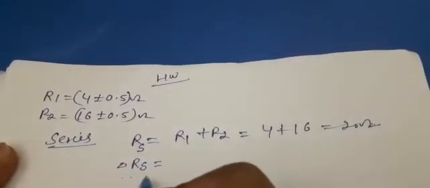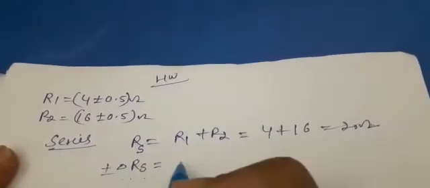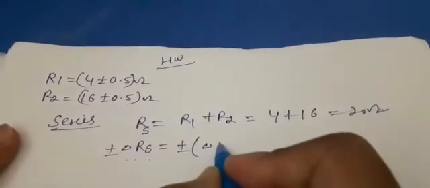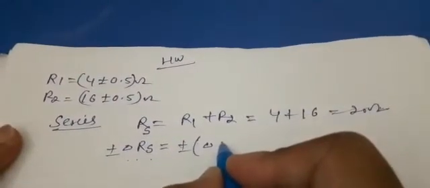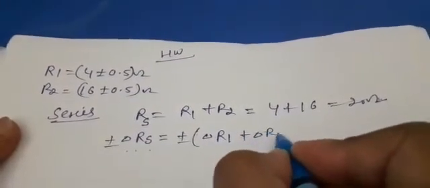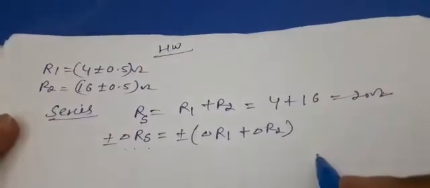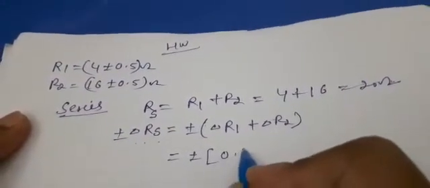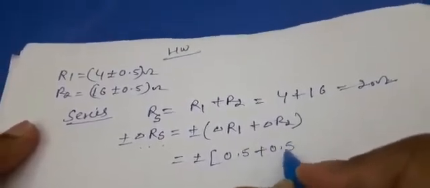So del RS will be equal to plus minus, just indicating the same concept. Here, the absolute error in the series combination of resistances is the sum of the absolute errors in each individual resistance. So it will be 0.5 plus 0.5.